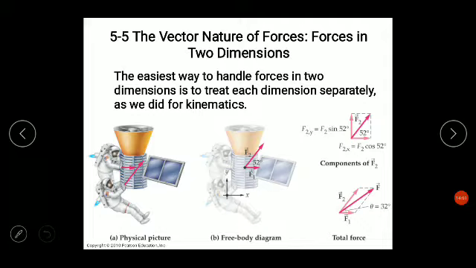However, there are forces that can be superimposed in the Cartesian coordinate system, which will give you two-dimensional forces, or what we call components. In the first figure, you have a physical picture, which tells you that there are two persons applying force on an object in space.